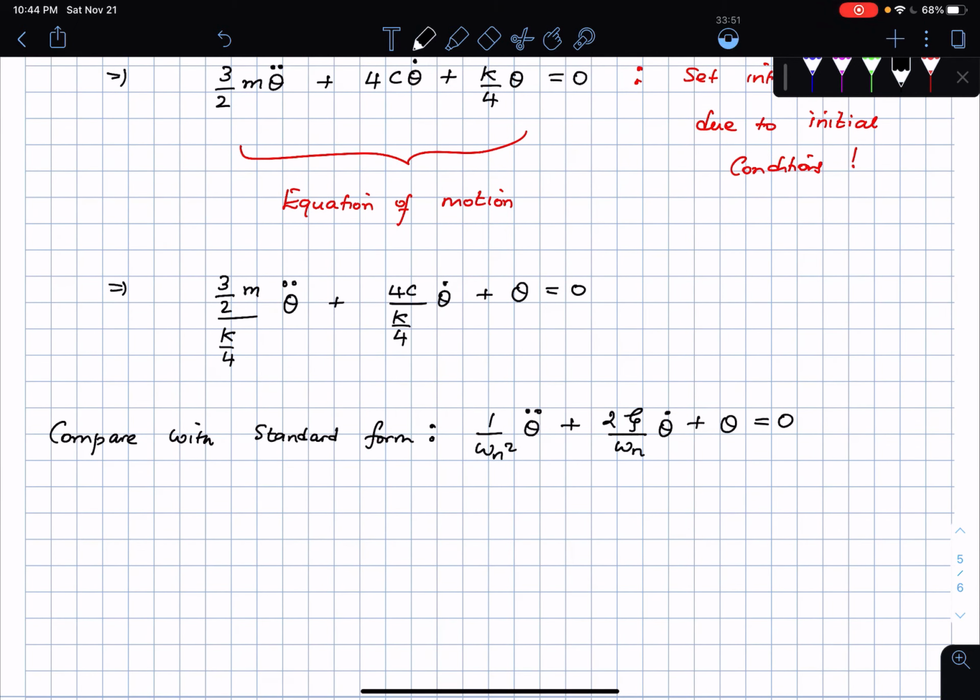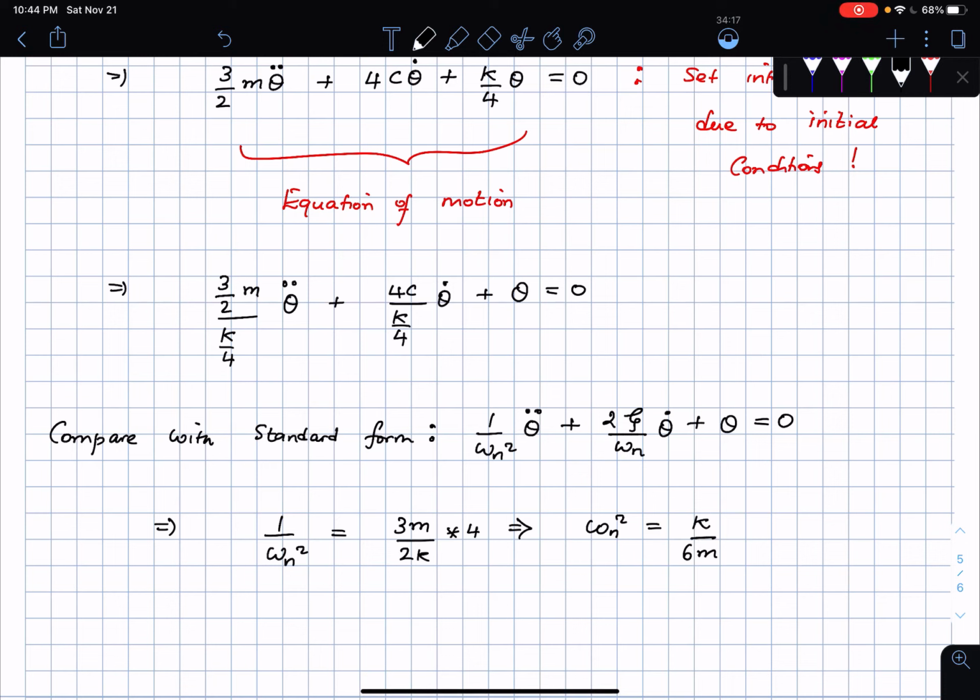Which tells me that 1 by omega n square is 3 by 2 m by k by 4. So this is 3m divided by 2k times 4, or 6m by k. So omega n square is k by 6m.